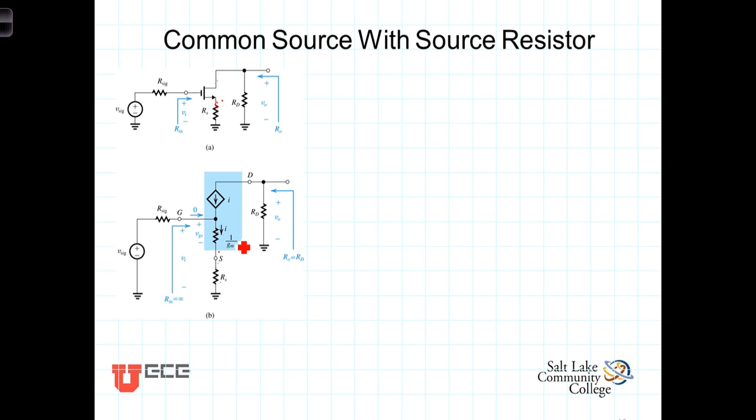Next, note that this series combination, those two resistances, makes it so that the voltage that's amplified coming into it is not the full signal.